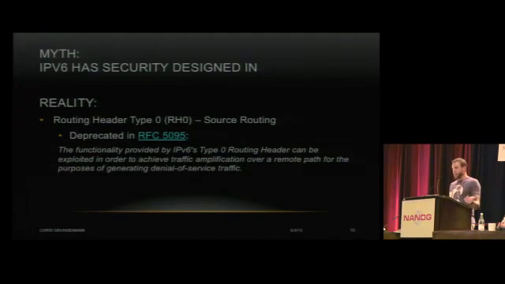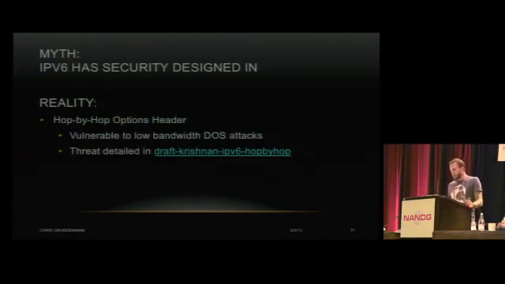It has been deprecated, but there still may be some operational practices around ensuring that old gear that can still use it doesn't. The hop-by-hop options header is another extension header that's kind of inherently evil in some ways, if you want to use it to do low bandwidth denial of service attacks.